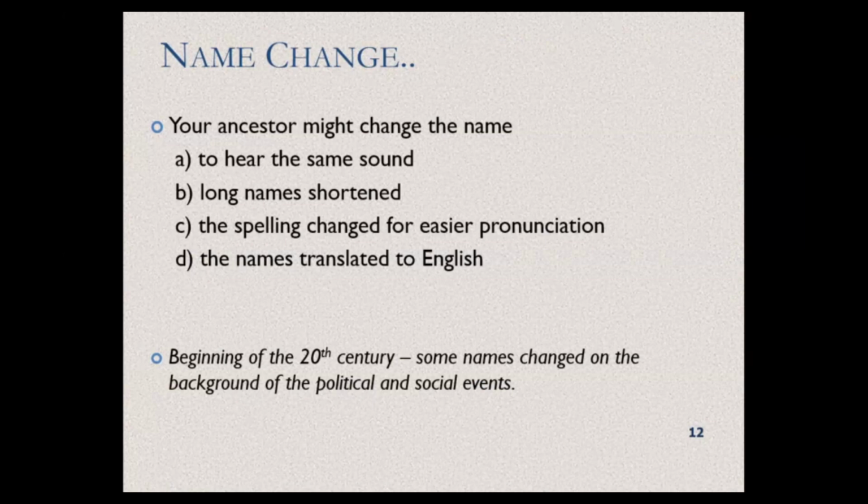Before we show where those records are, especially if you already know all those places they came from, I would still first stop at the subject of name change, because it was primarily your ancestor who would change the name.